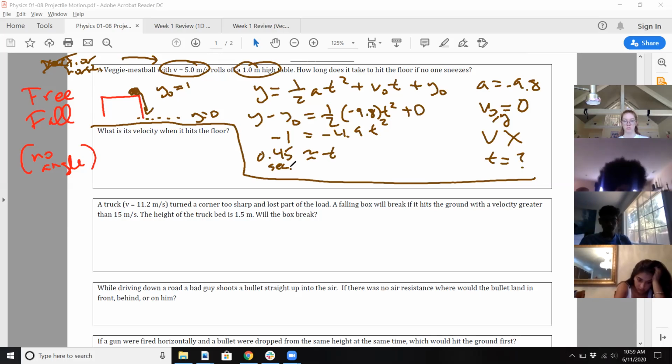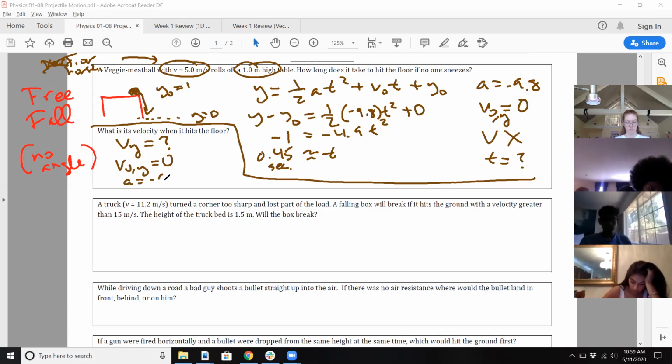So now I could use this formula. I want the final velocity, but in the y direction. Initially, the velocity in the y direction is 0. The acceleration I know is negative 9.8. And I could use time now.